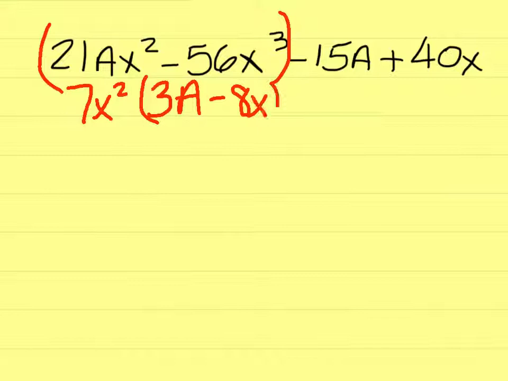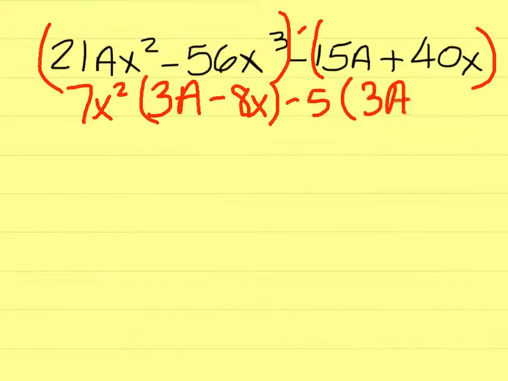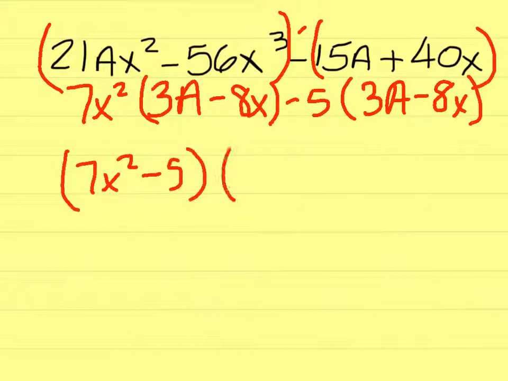Good. We have minus, so we can take out a 5. What do I have left? 3a minus 8x. So what are my two quantities? 7x squared minus 5, and 3a minus 8x. Good.